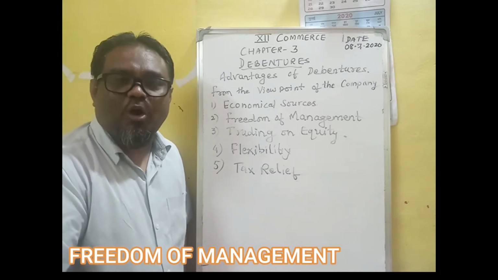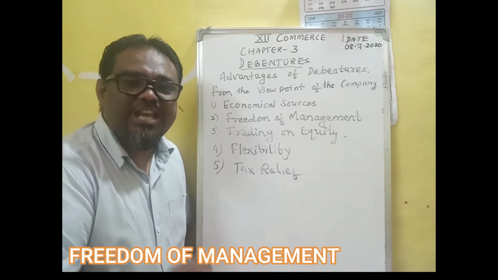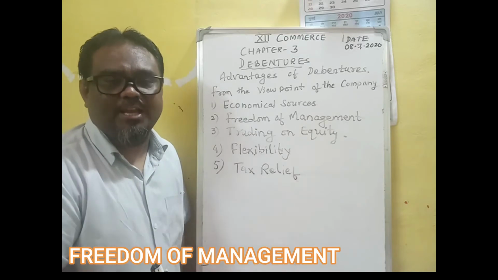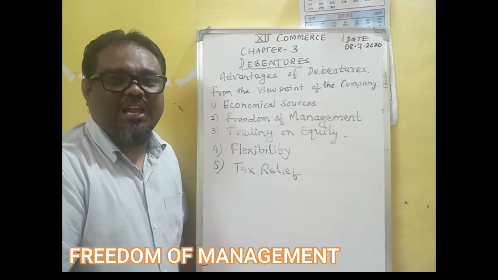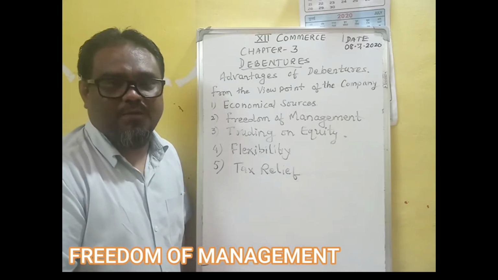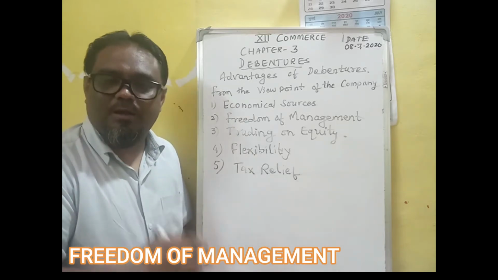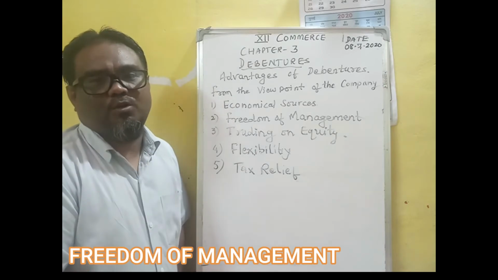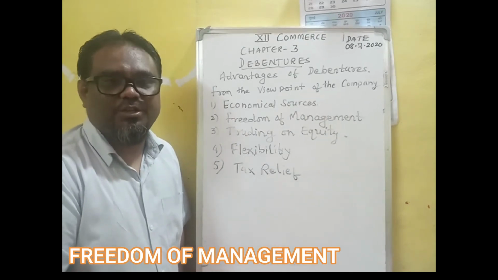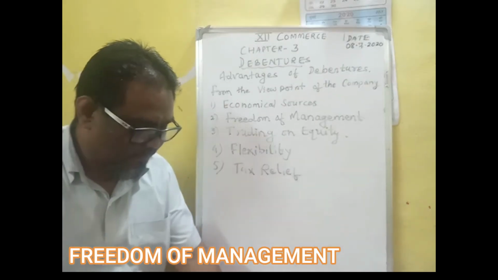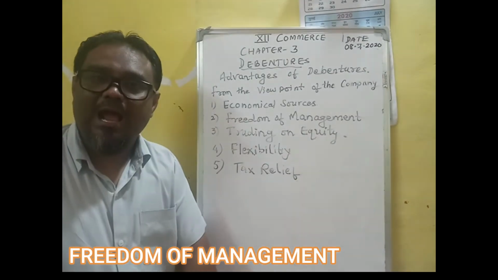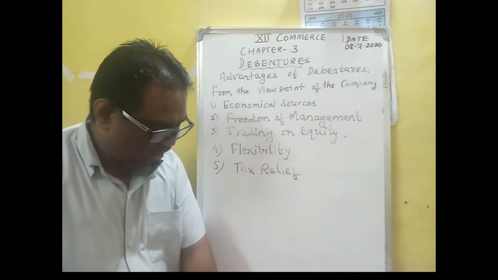They have no say or voice in the management, and no powers in the company. So the management is free from harassment by debenture holders. It is a benefit for the company that debenture holders do not have any voting rights.